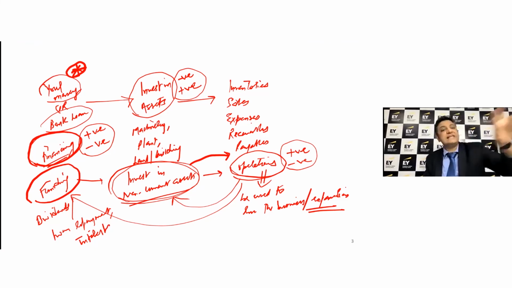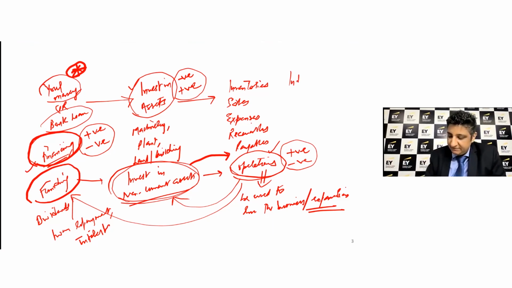And to what extent is your business creating cash in the name of financing or investing, or let's say operations? And that's where the need for Ind AS 7 in the form of the statement of cash flows arises. All right, and that is the whole objective of bifurcating your cash flows.